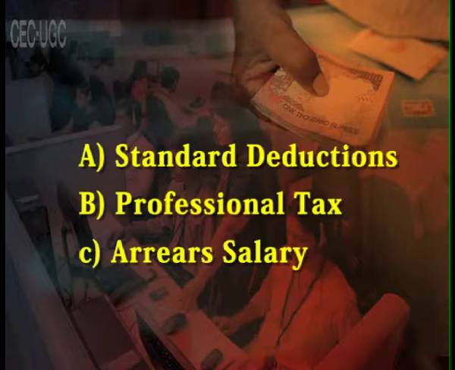Arrears of salary: if salary is received in arrears or in advance, it can be spread over the years to which it relates and be taxed accordingly as per section 89(1) of the Income Tax Act. Education cess is applicable at the rate of 3% on income tax, inclusive of surcharge if there is any.